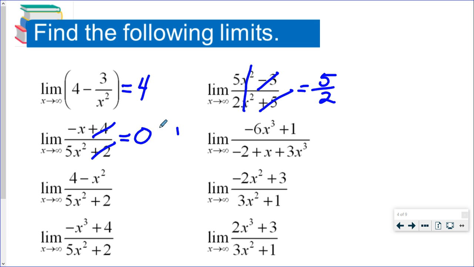Okay. Now, what about, we'll look at this one here in the bottom right. All right. So again, this +3 and +1, probably not really going to matter a whole lot. Now, we have an x cubed in the numerator and an x squared in the denominator.